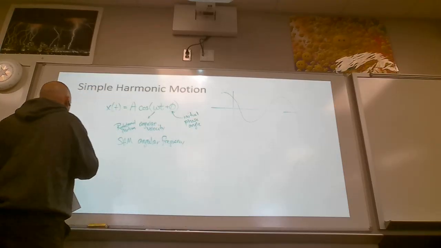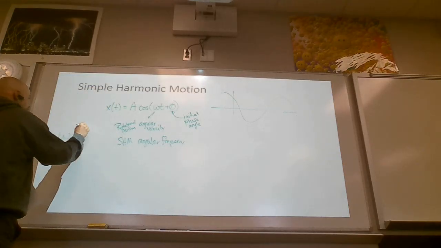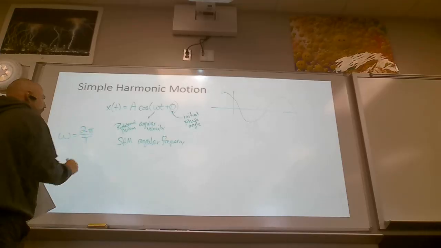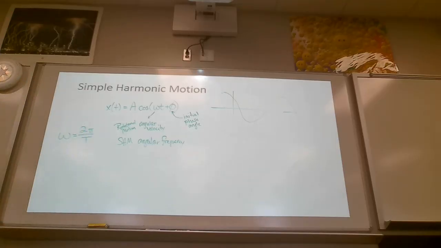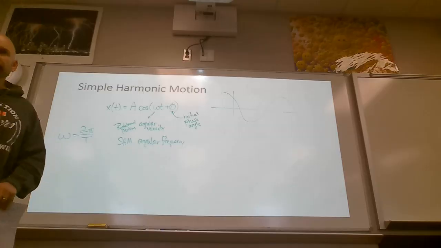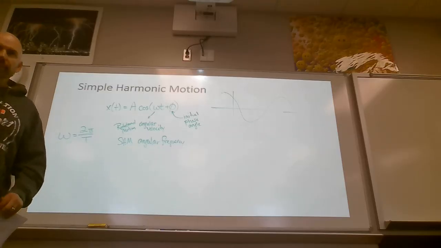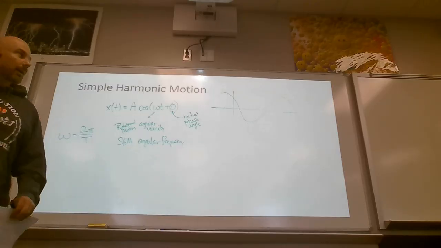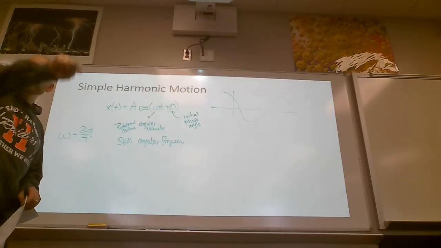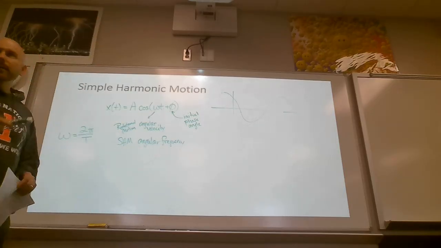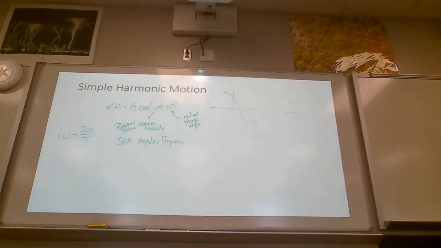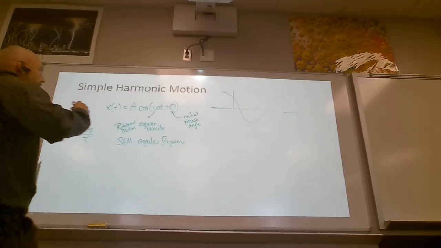So it's how quickly you're going through 2 pi. Does that make sense? In a circle, it's how quickly you're rotating, rotational velocity or speed. In simple harmonic motion, it's how quickly you are repeating the pattern. Is it still a W or an omega? Yeah, both are omegas.